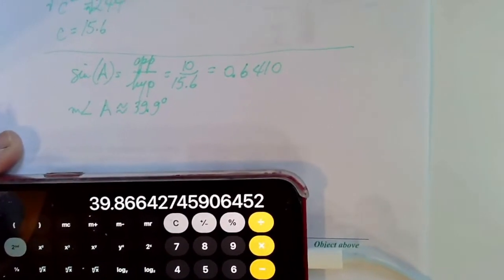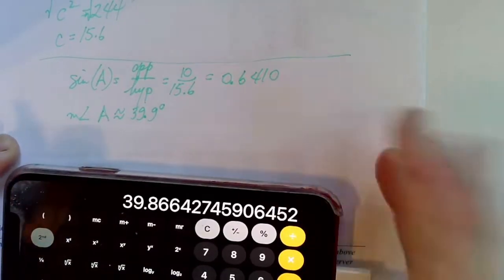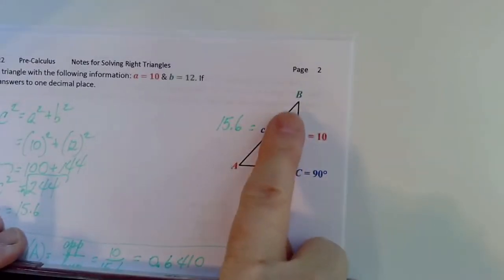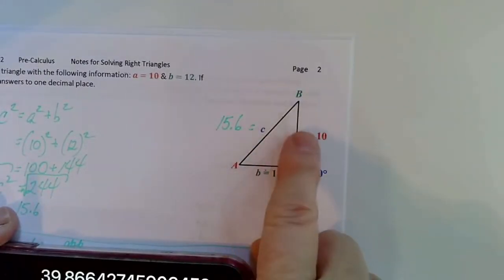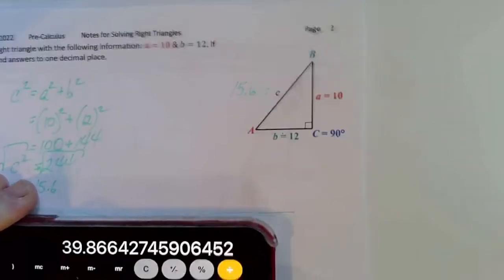Let's find the measure of angle B the same way and then see what they add up to as a check. So we've got angle B here. Is there a trig function that only involves sides B and A? Absolutely, exactly correct.